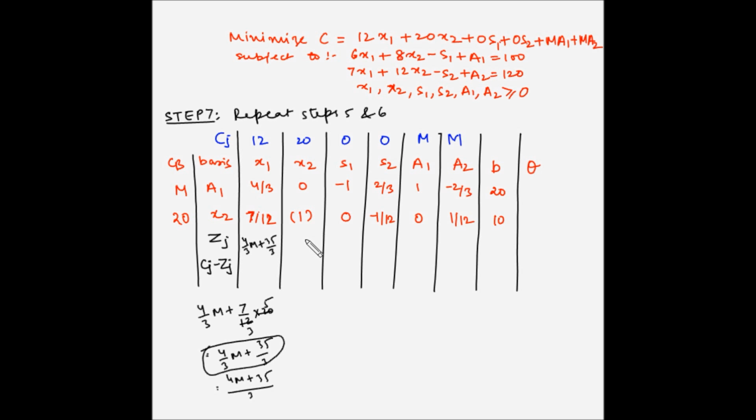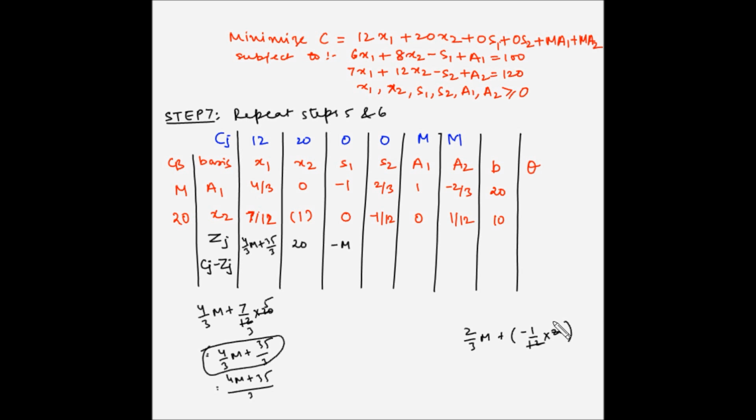Now for x2, 0 into m plus 20 into 1, so this is 20. For s1, m into minus 1, which is minus m. For s2, 2 by 3m plus minus 1 by 12 into 20.